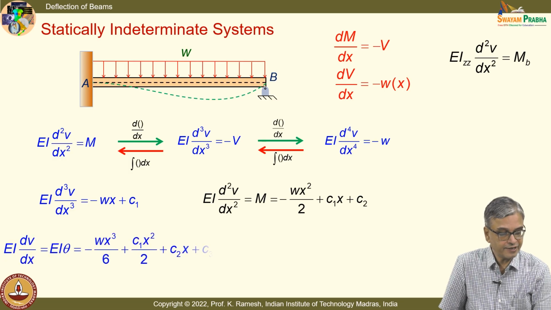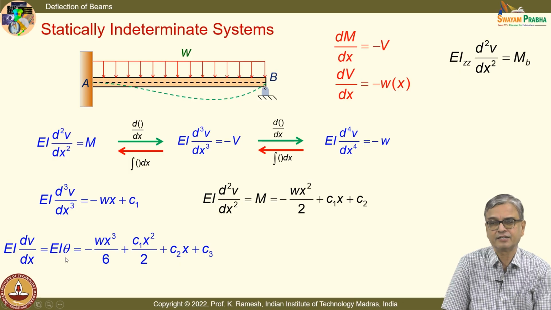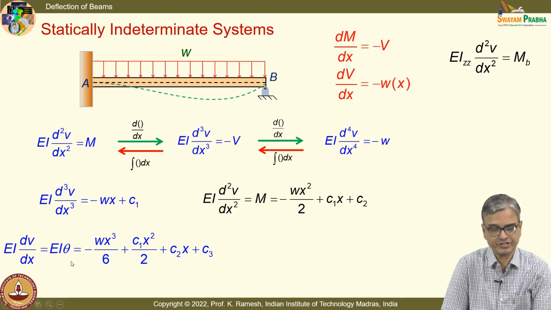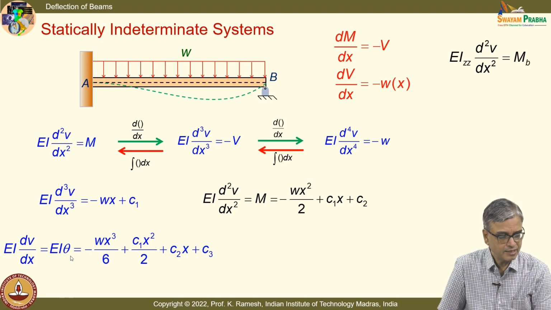And if I integrate it further, I get theta. See, we have been using the rotation as phi in our basic derivation. Books also use multiple symbols. It is better that you get exposed to those symbols, and instead of phi, they have used theta. So, you can also recognize the slope as theta.